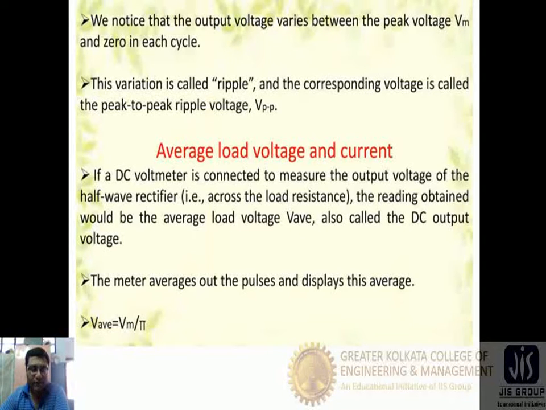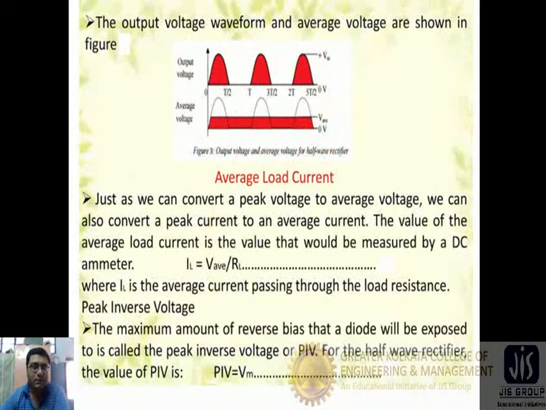The meter averages the output of the pulses and displays this average. V average equals Vm by pi. We will discuss it later. The output voltage waveform and the average voltage are shown in the figure.